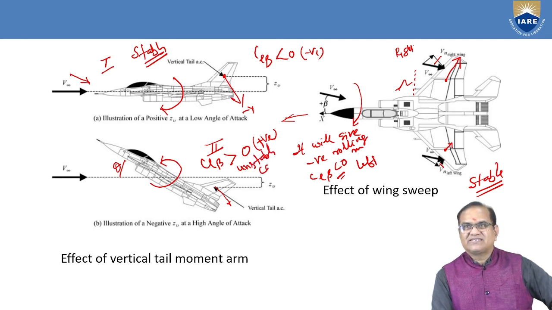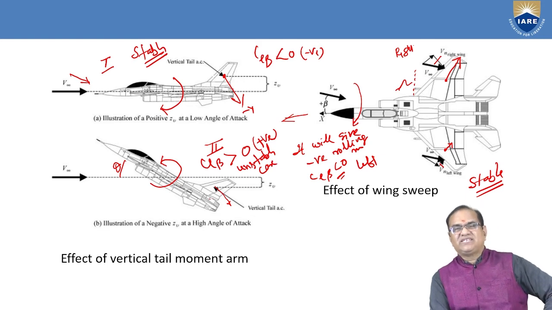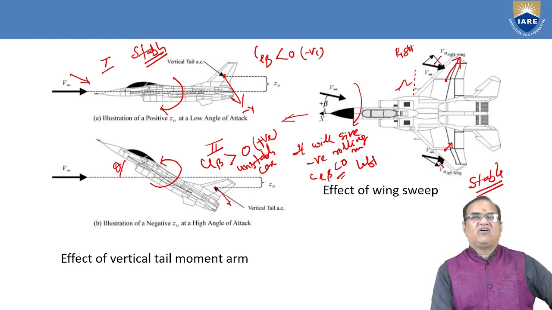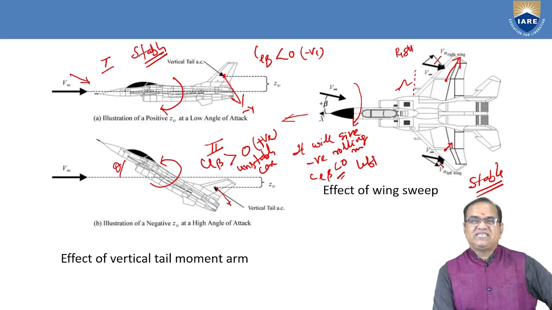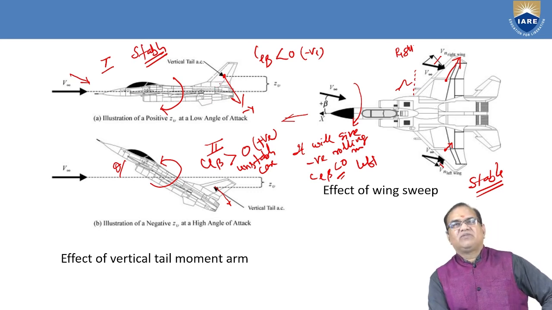So, with the same condition, if the angle of attack or the pitching angle is high and AC has gone below the horizontal plane, the aircraft may be unstable. But if the AC of the vertical fin is above the horizontal plane, then it will be stable.